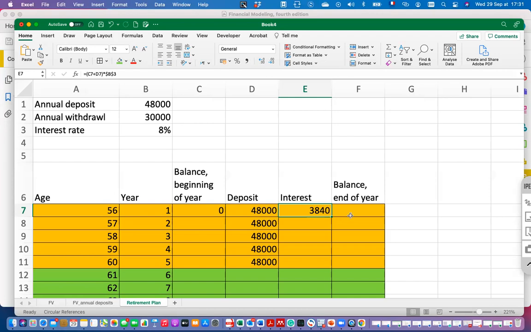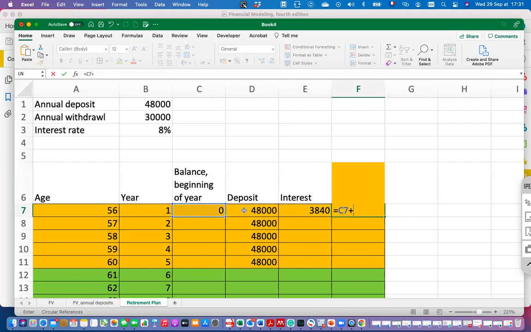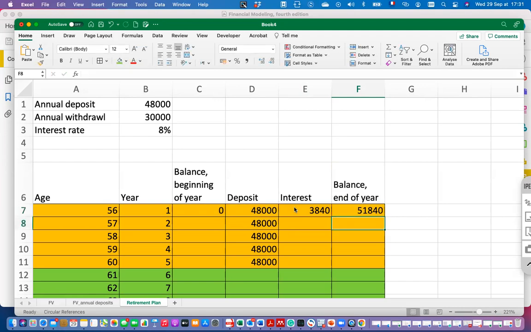Then, at the end of the year, the balance will be equal to the balance at the beginning plus the deposit plus the interest. And once again, the balance at the end of year 1 is the balance at the start of year 2. So we go here, second row, equal to F7.